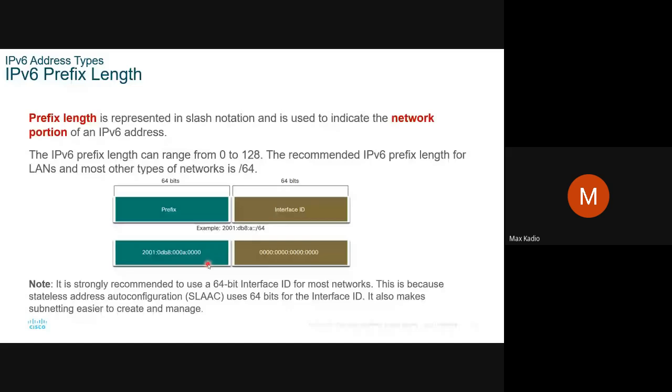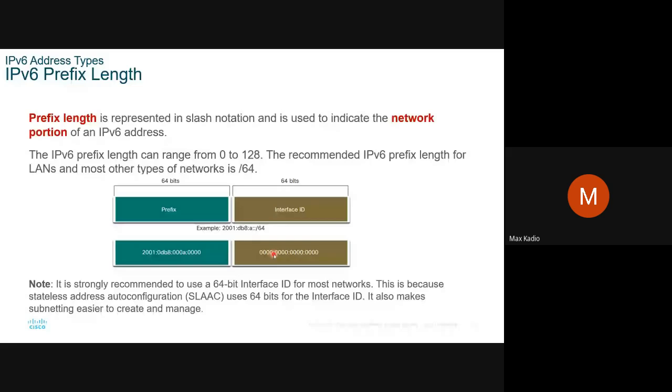So if you want to assign an IPv6 address to your PC, it's via this one, because this one is mostly given by your ISP. If I send a number to you guys, my CCNA class students, I can say AB.